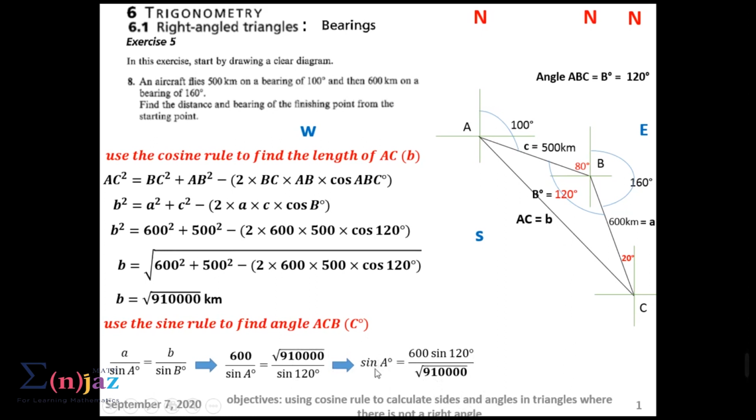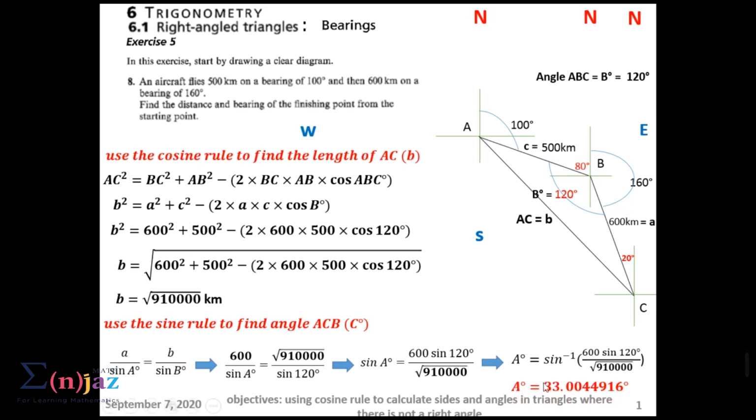But this is the value of sine A. And if I'm trying to find the angle A, then I need to apply opposite operation. Opposite to sine is sine inverse. So we're going to sine inverse each side. So the angle A is equal to sine inverse of 600 times sine 120 over square root of 910,000. If we insert this in the calculator, we're going to end up with angle A equals to 33.